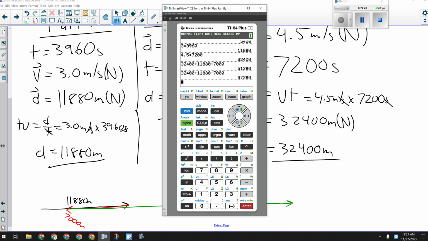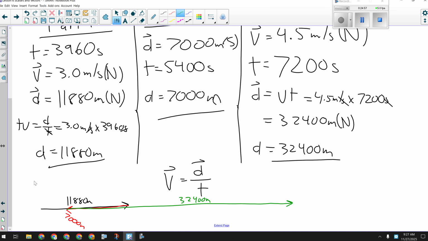So they actually only end up 37,280 meters from where they started in a northerly direction. Everybody follow what I did there? All right, so my total displacement is 37,280 meters north. And I need the total time.